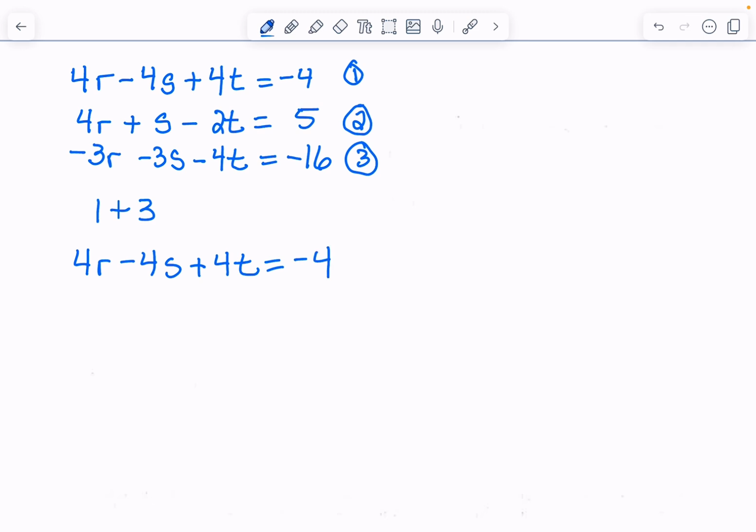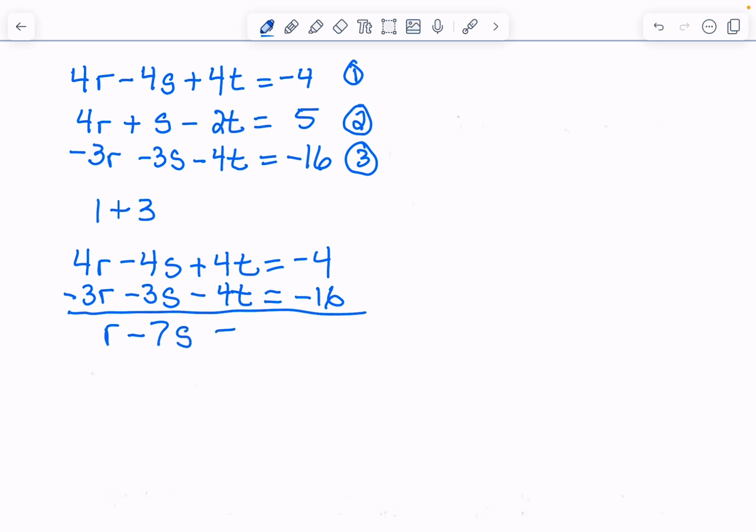And I'm going to add the third equation, which is -3r minus 3s minus 4t is equal to -16. If I add those two, I get r minus 7s is equal to -20. Okay, so now we have r's and s's.